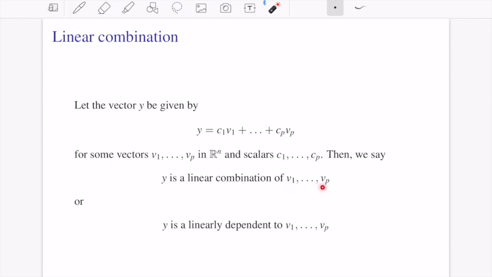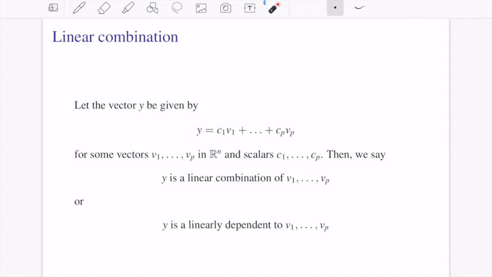So if Spider-Man wants to move to this villain, then he needs to know how many steps he needs to move in v1 and how many steps he needs to move in vp. Those are c1, cp. So c1 steps in v1, cp steps in vp. Finally, he can catch y. If he couldn't catch y, then y is not a linear combination of v1, vp.